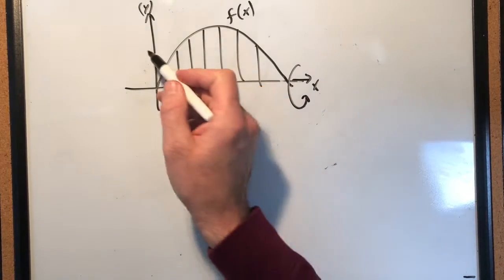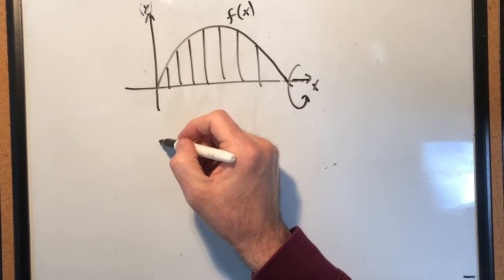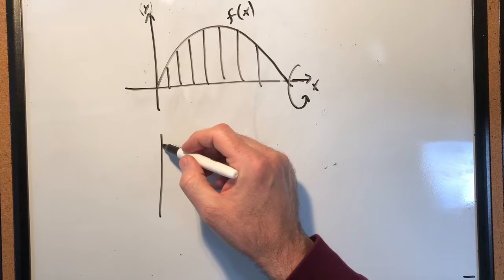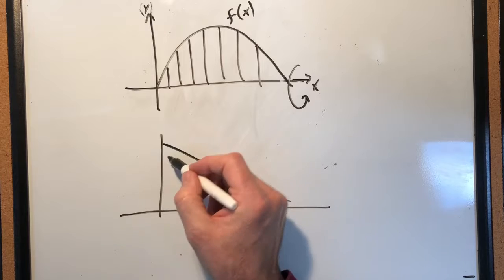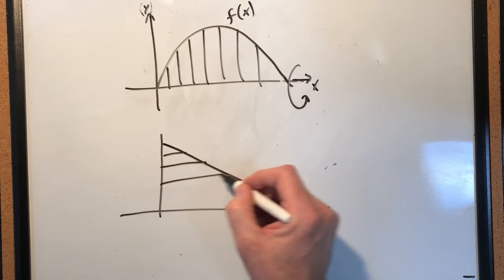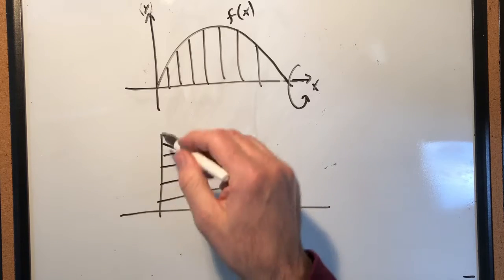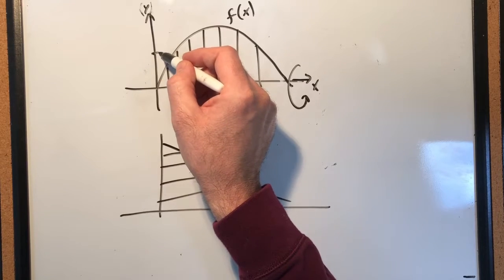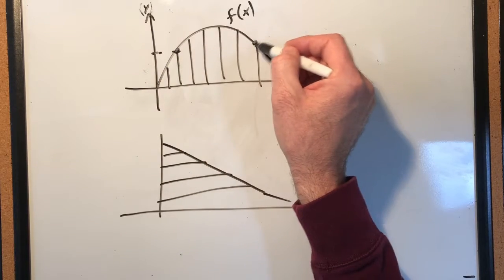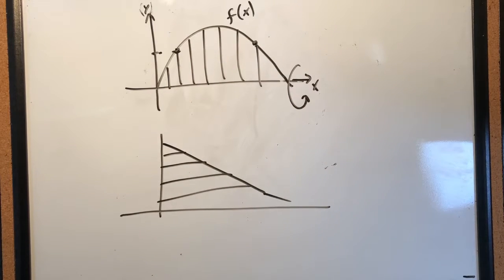But in this particular case, it's only easy to rotate around the y-axis if you have some sort of shape that only has one value for x, one value for x for every value of y. But in this particular case up here, when you have a value for y, you hit here and here. And so now the problem does not get to be so easy.